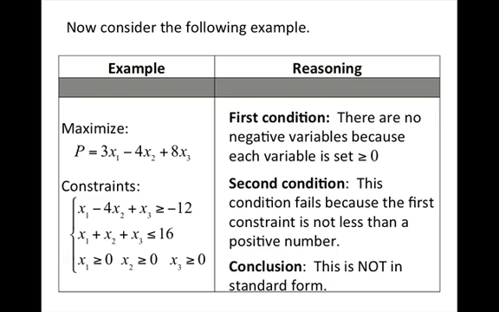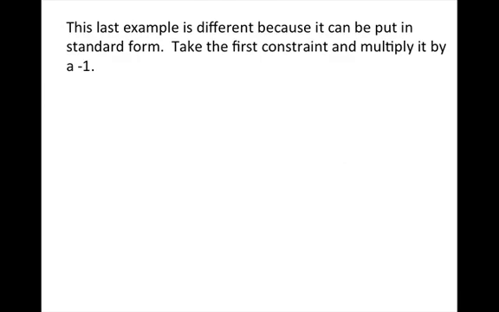Now I want to focus on this example for just a minute. It's a little bit different because even though it wasn't given to me in standard form, I can rewrite it and put it in standard form. Let's look at that first constraint, and I want to multiply both sides of that inequality by -1. When I multiply both sides of an inequality by a negative number, you've got to remember to switch your inequality sign.